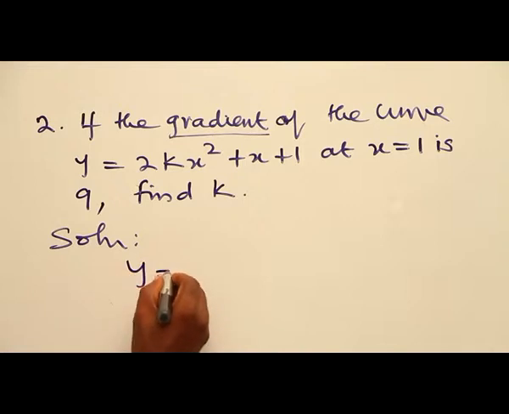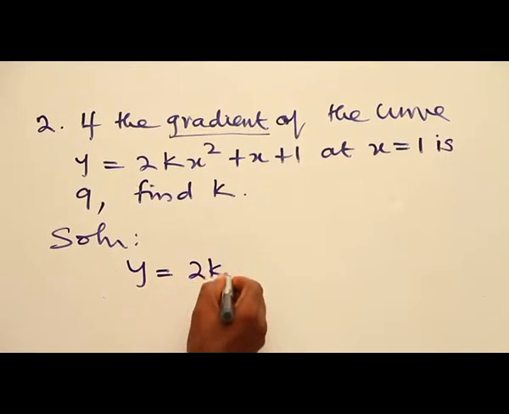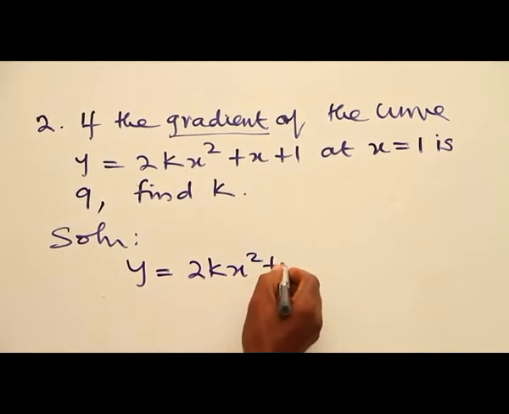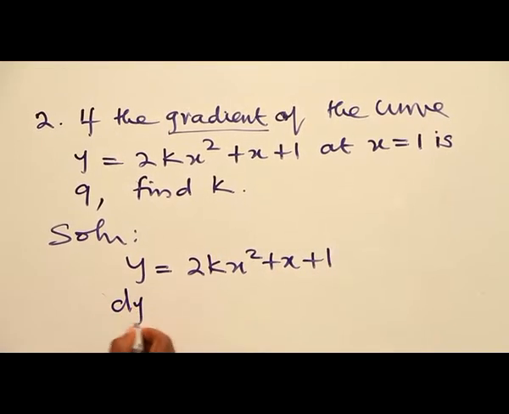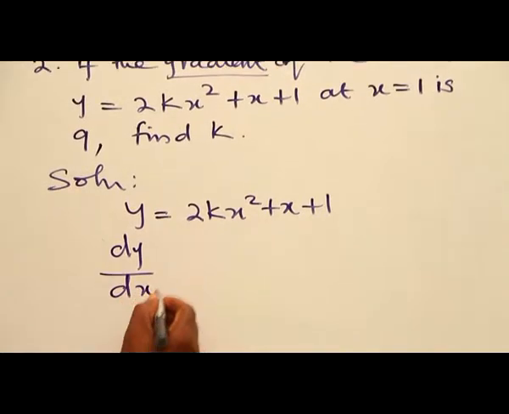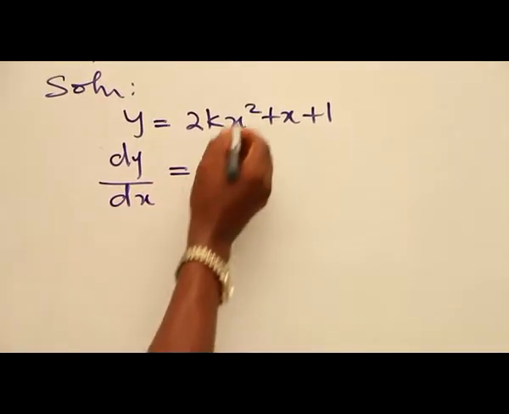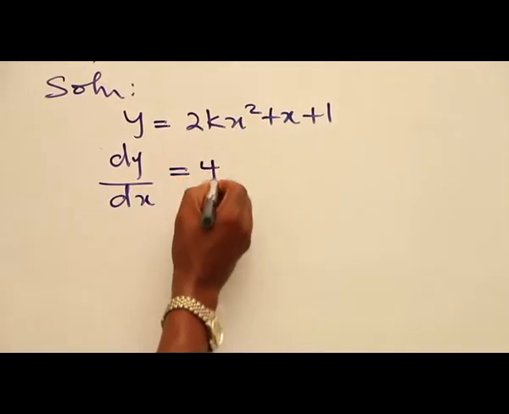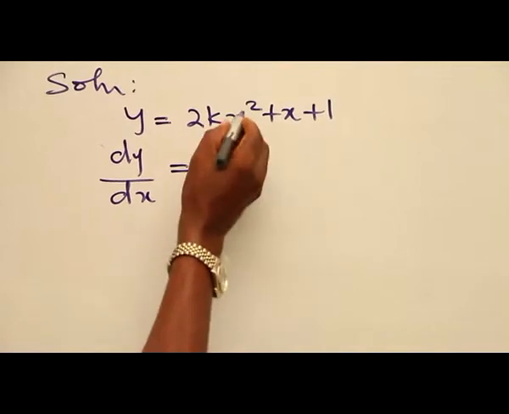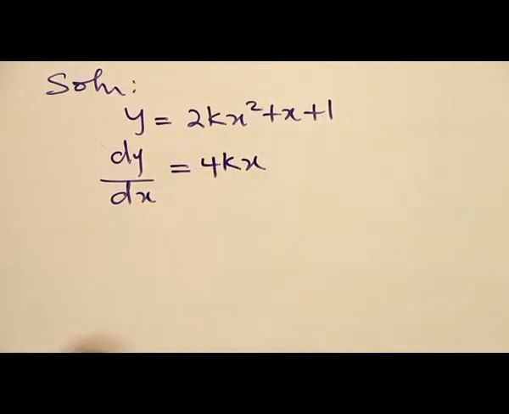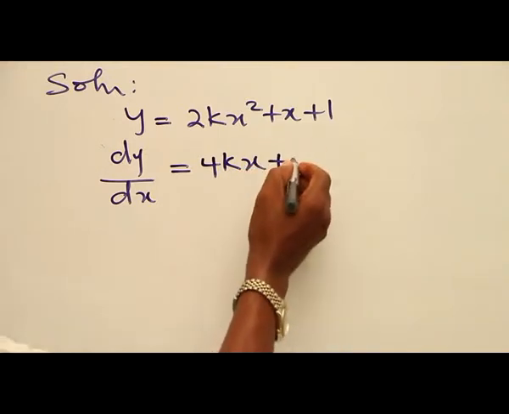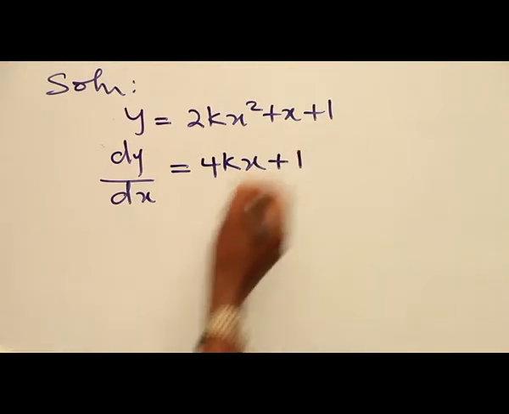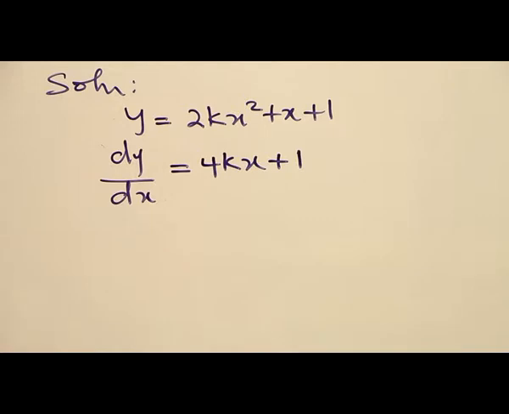You have y equal to 2kx squared plus x plus 1. We will now differentiate this with respect to x, and that's 2 times 2 is 4 times kx, because if you subtract 1 from 2 is 1, so x to the power 1 is x, and then plus, if you differentiate x, you have 1, and of course the constant 1, the derivative is 0.